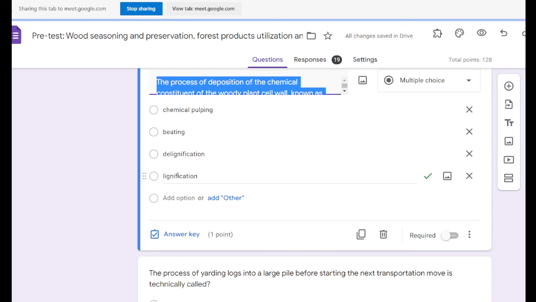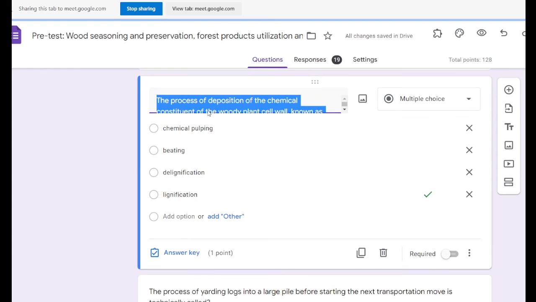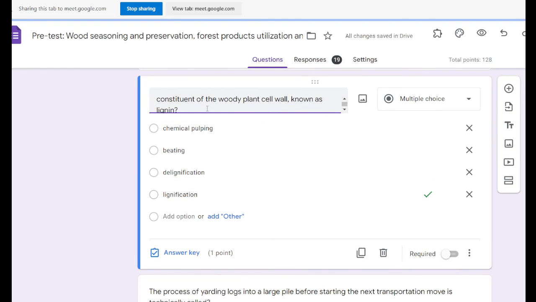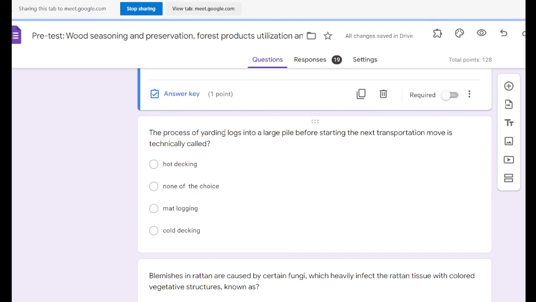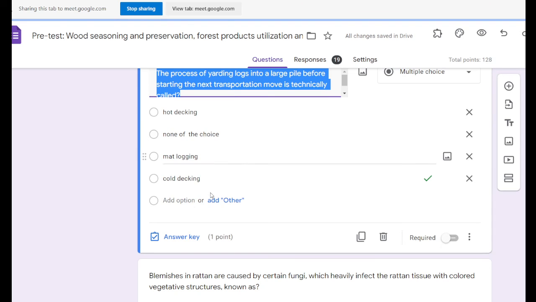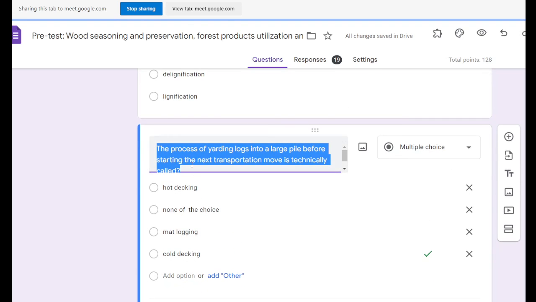The answer for that is lignification. Okay? The deposition of chemical constituents of wood, lignification. The process of yarding logs into a large pile before starting the next transportation move is technically called cold decking. Okay? Cold decking.